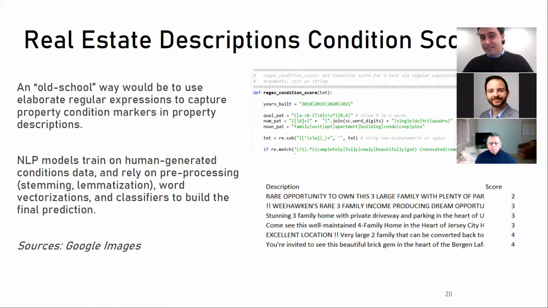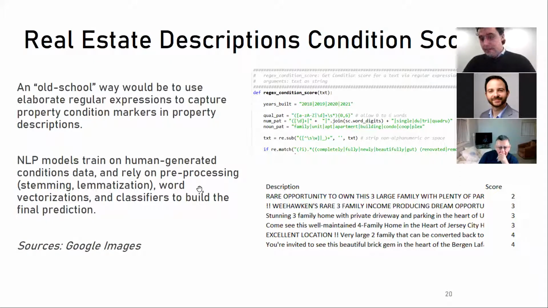Regular expressions is what I'm showing in the picture above: building elaborate combinations of different phrases and characters, with a certain language or syntax that tries to capture what you're trying to match, okay, if this is a well-maintained property or a renovated property, or if it's in poor condition and it needs complete rehab. That's the old approach.